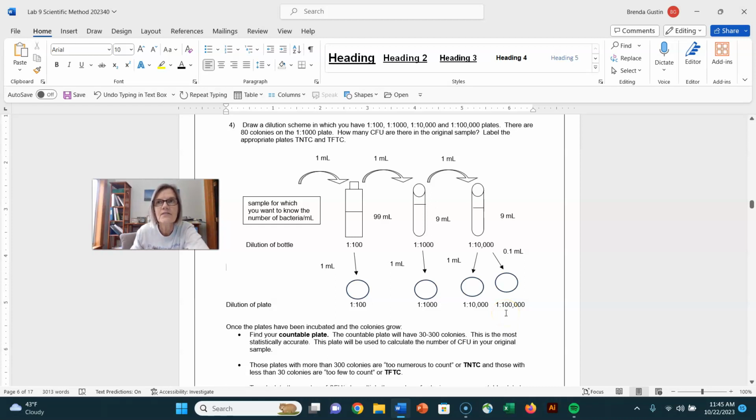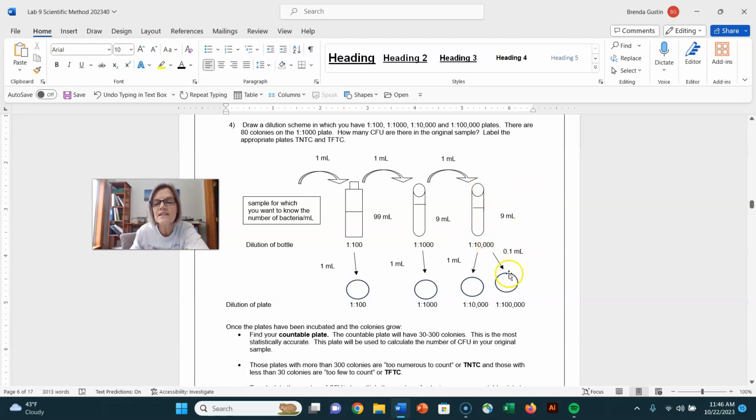In the virtual lab, they'll take their 1 ml out of here, the 1 to 10,000 dilution. But if you take 0.1 ml, which is 10 times less than 1 ml, and put it on the next plate, it's the same thing as if I would have made another tube here, a 1 to 100,000 tube, and put a milliliter on this.